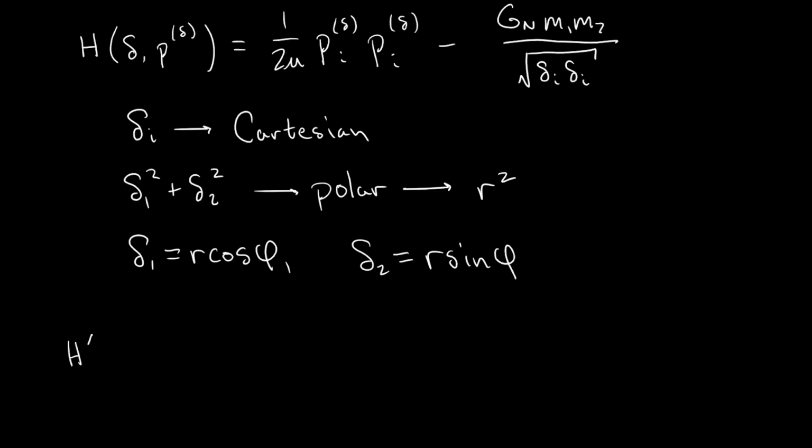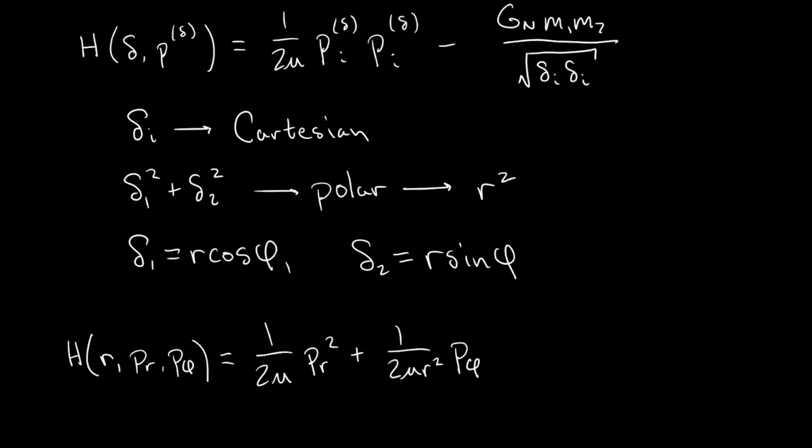So in particular, I'll write this as H(r, p_r, p_phi) equals 1 over 2 mu p_r squared plus 1 over 2 mu r squared p_phi squared minus g m1 m2 over r. But what do we notice?